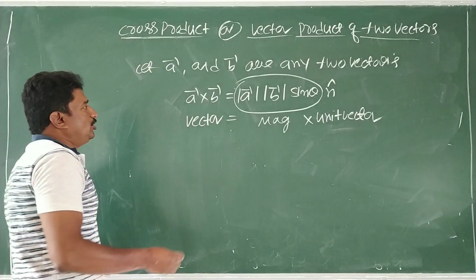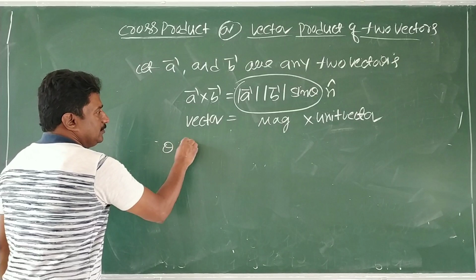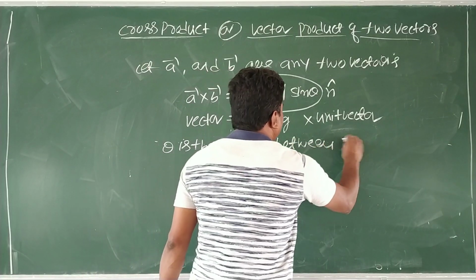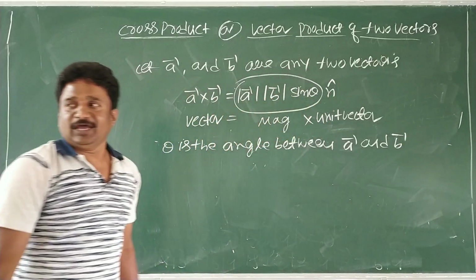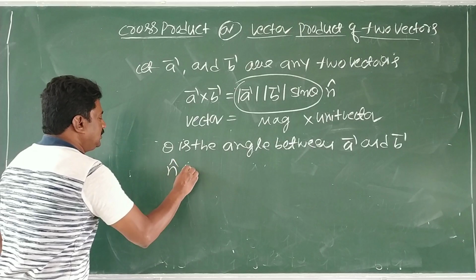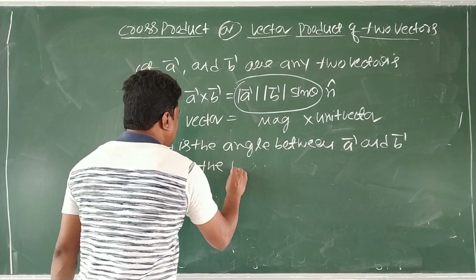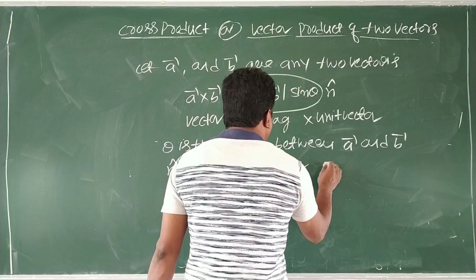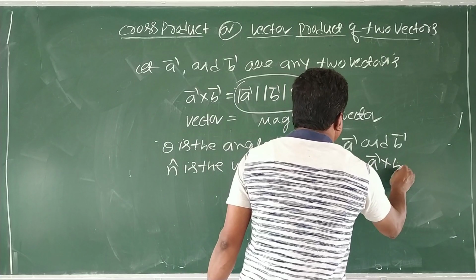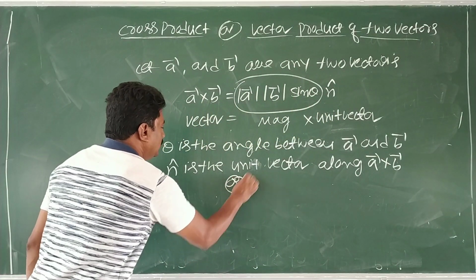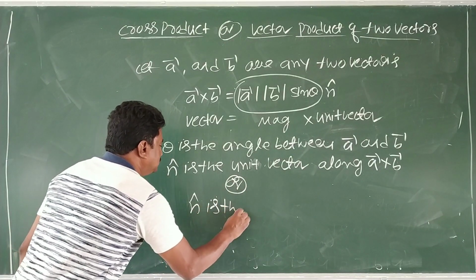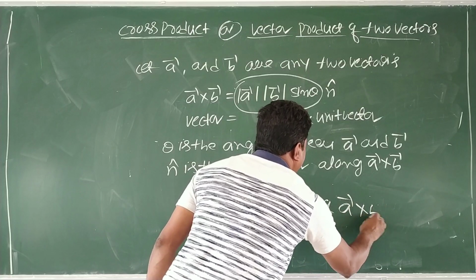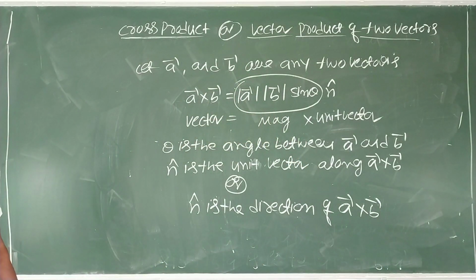Keep that in mind. One thing you observe, students, from this: theta is the angle between vector A and vector B. N cap is the unit vector along A cross B, or N cap is the direction of A cross B. Both are the same.